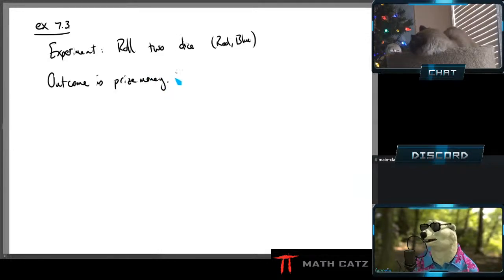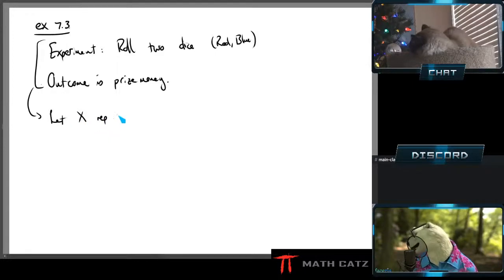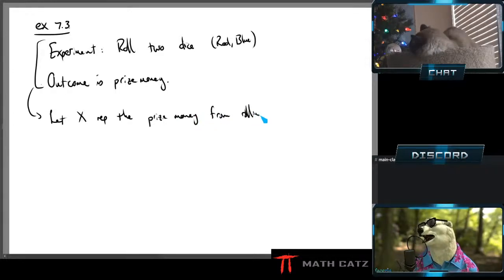But of course, there's a little bit of a gap between these. However, these two together are just summarized in what we call a random variable. So we're going to say let X represent the prize money from rolling two dice.